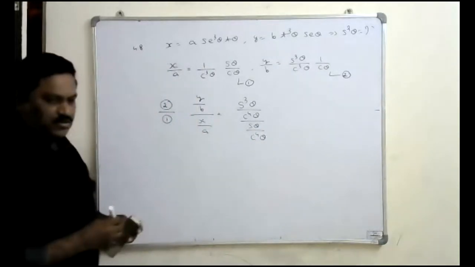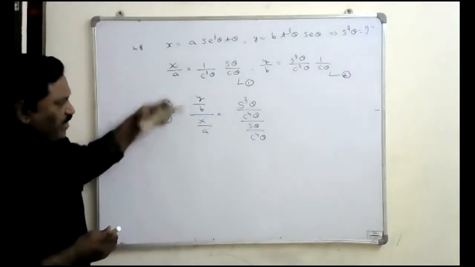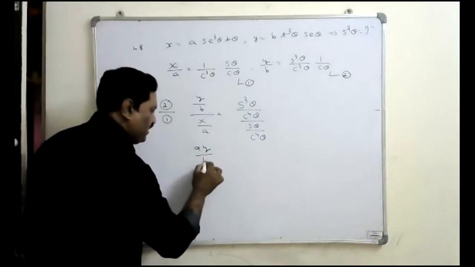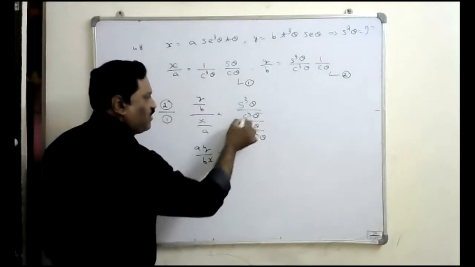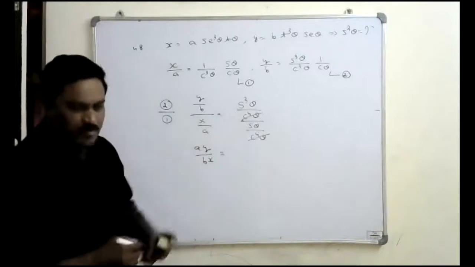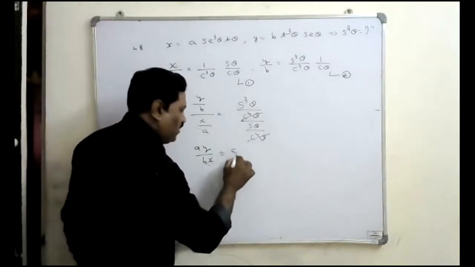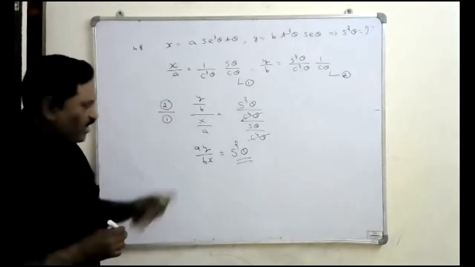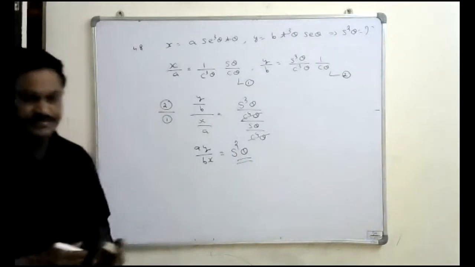Now x by a goes to the numerator and becomes a by x, therefore it becomes ay upon bx. The cos power 4 theta is getting cancelled. Sin cube theta upon sin theta becomes sin square theta. So the value of sin square theta is ay upon bx. That's the answer.